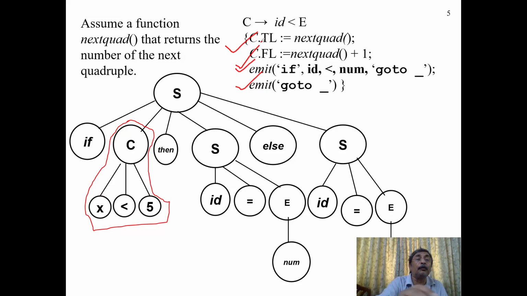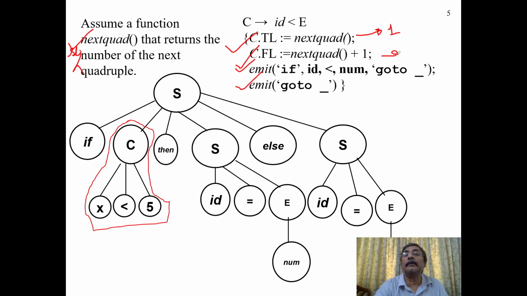Now we assume a function nextquad that returns the serial number, not the number, the serial number of the next quadruple. As of now, I did not generate any single quadruple, any single line. So what is my current quadruple? 0. What is my next quadruple? 1. So this returns me 1.